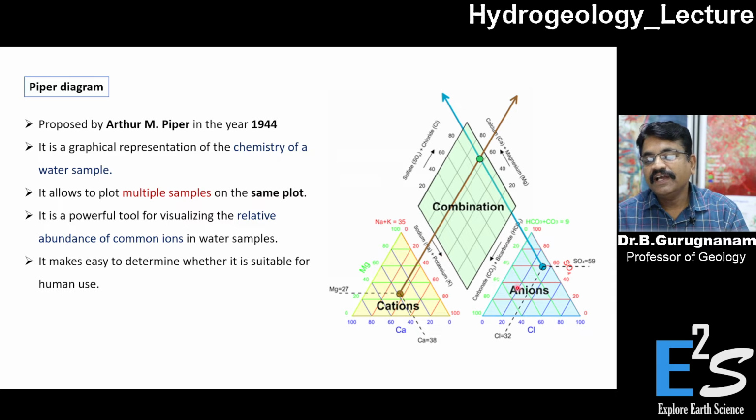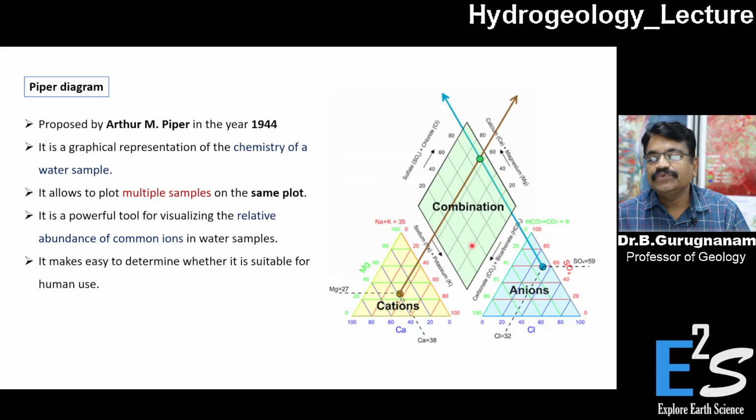It carries both together and plots them on the top, and here our interpretation starts. The top left is sulfate and chloride, the right is calcium and magnesium, the bottom is sodium and potassium, and the other side is CO3, HCO3, sulfate, chloride.